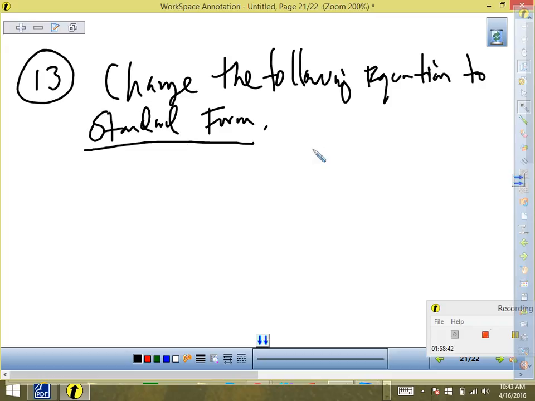Yeah, on your blank paper. Here we go. Change the following equation to standard form. Y equals 3x minus 7. Guys, focus. Here we go.